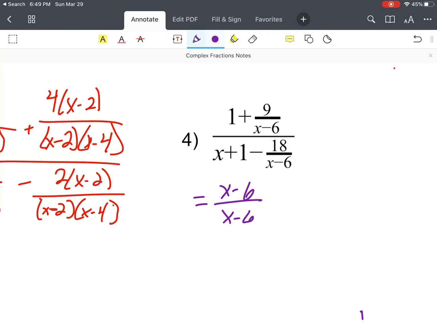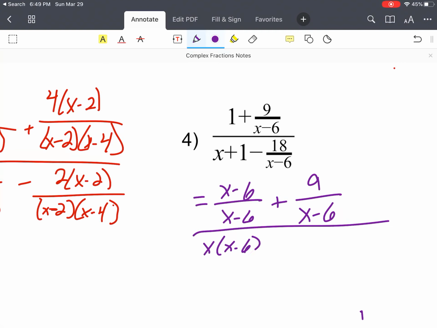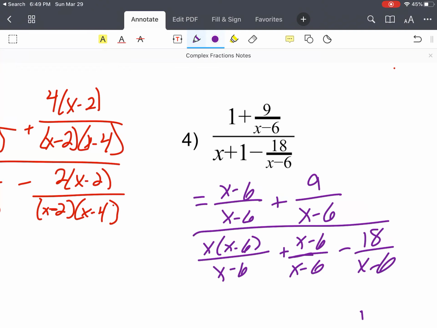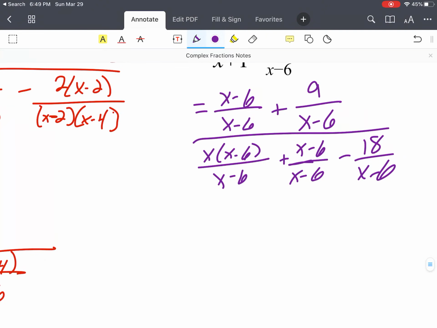So I've got x minus 6 over x minus 6 for the 1, plus 9 over x minus 6, all over, okay, that's going to be x times x minus 6 over x minus 6 plus x minus 6 over x minus 6, maybe, minus 18 over x minus 6. Okay.